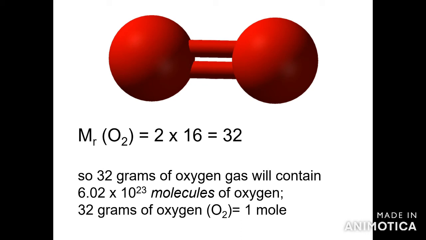If we counted all the molecules, there will be 6.02 times 10 to the power 23 molecules of oxygen present in 32 grams of oxygen gas. Okay, we're just counting things.